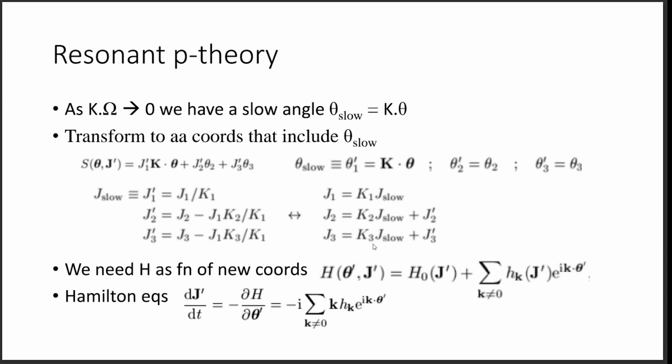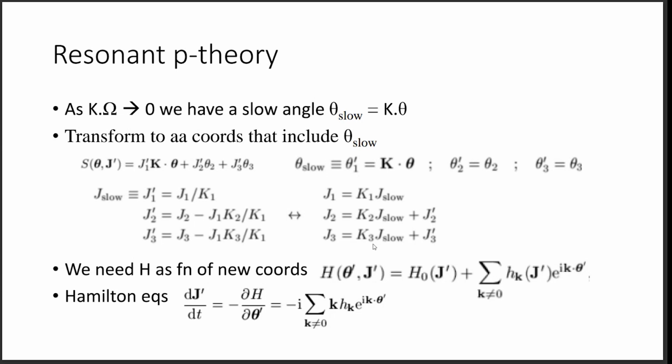But I don't need to take account of theta 2 primed and theta 3 primed because they have fast frequencies, and this term is going to change sign quickly before anything much can happen over here, before it can cause a significant change in one of the new actions.